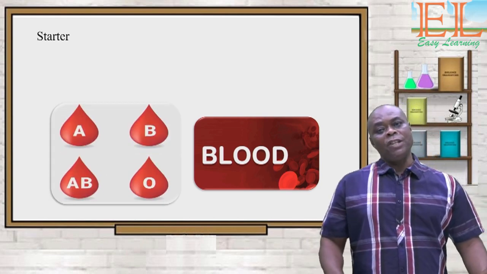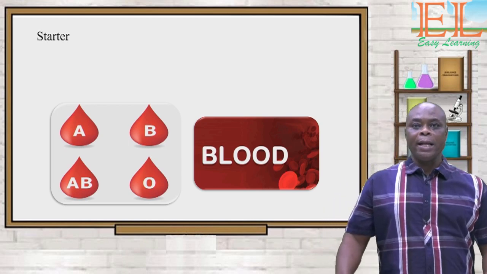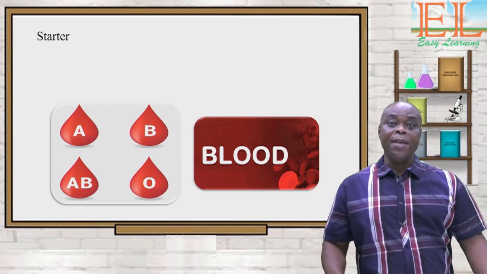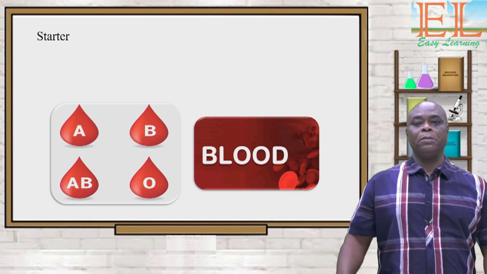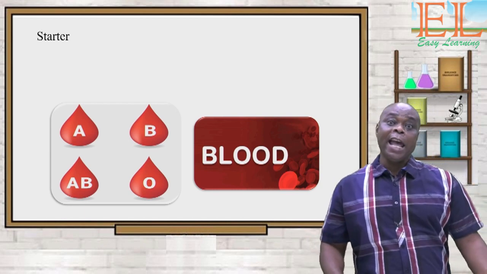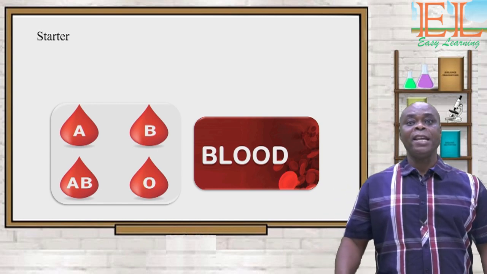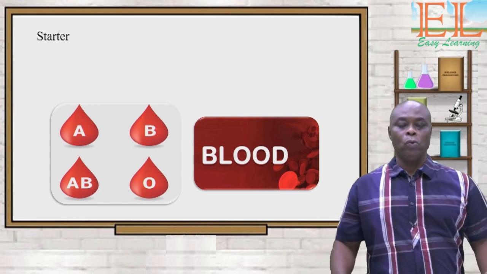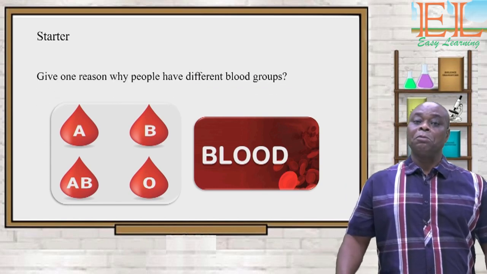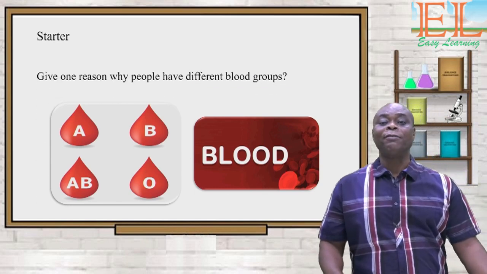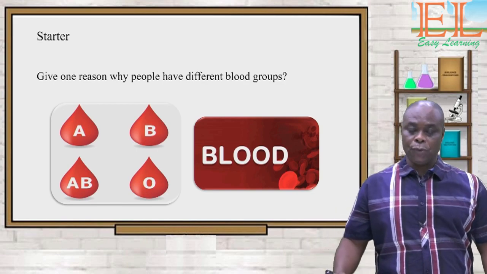In the human population, we have blood groups A, B, AB, and O. For instance, my blood group is AB. Some will have A, others will have B, and others will have O. Now let me ask you a question. Give one reason why people have different blood groups.